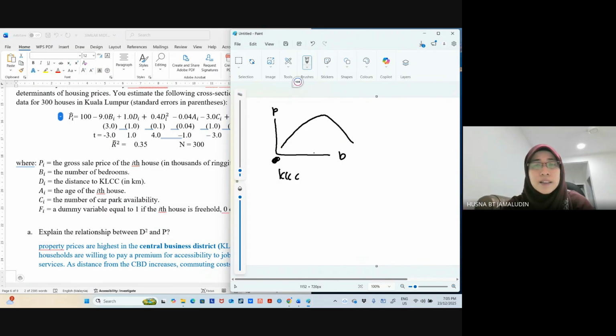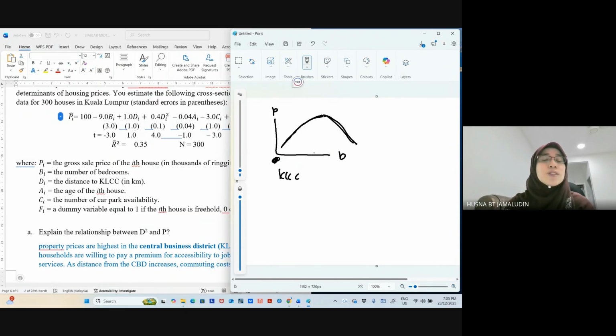Although the price, I will say the price is not so high, unless you have some distance close to KLCC but not around the KLCC. So with a slightly higher distance from KLCC, the price will be high. But if you are too far away from the city, too far from the entertainment, far from the facilities, the price of the house will be lower.